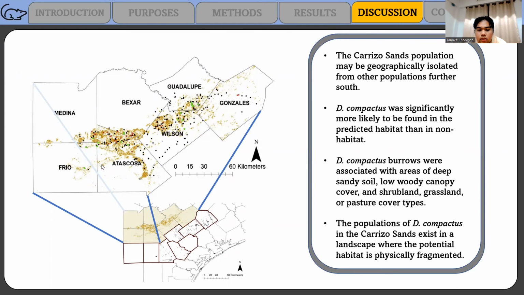Diplodomys compactus burrows were associated with areas of deep sand soil, low woody canopy cover, and shrubland, grassland, and pasture cover types. Moreover, the population of Diplodomys compactus in the Carrizo Sands exists in a landscape where the potential habitat is physically fragmented.